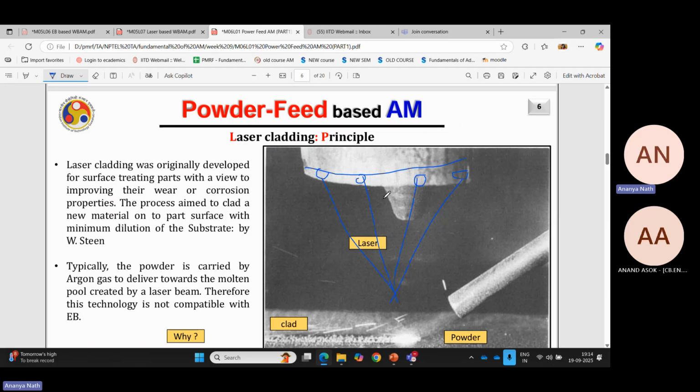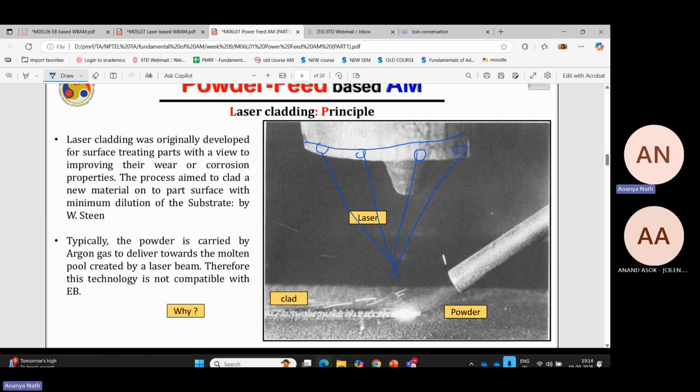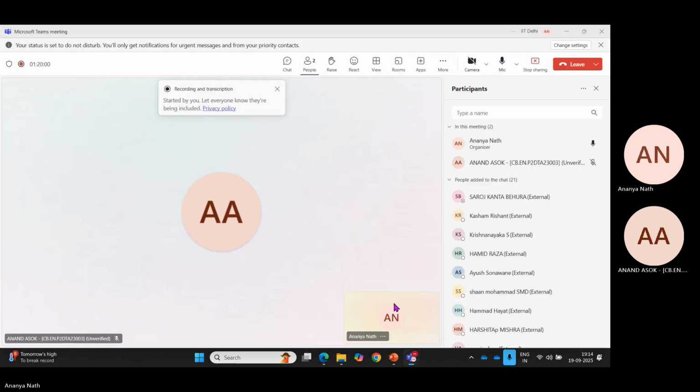This configuration is basically to increase the capture efficiency. Capture efficiency means how much raw material you are feeding and how much is getting deposited. The ratio of it is the capture efficiency. In case of powder, the capture efficiency is very low, but in case of wire, it's better.